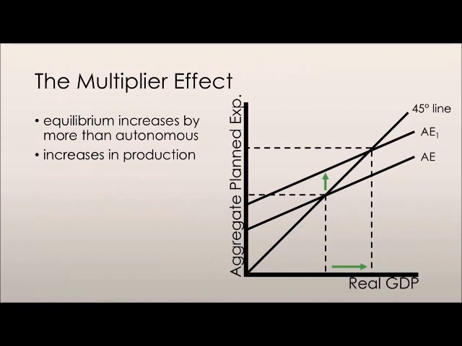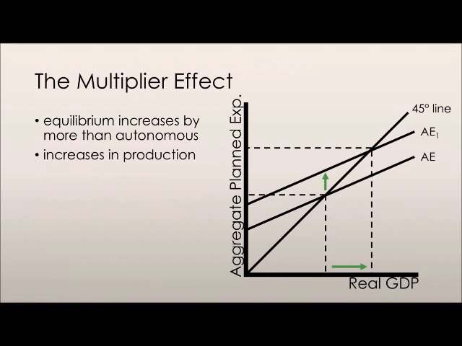The multiplier effect, as I mentioned, tells us that the equilibrium expenditure increases by more than the increase in autonomous expenditure. As production increases due to a shortage, for example, of inventories with firms, real GDP increases. But with a higher level of real GDP, induced expenditure increases. Equilibrium expenditure increases by the sum of the autonomous expenditure and the increased induced expenditure.